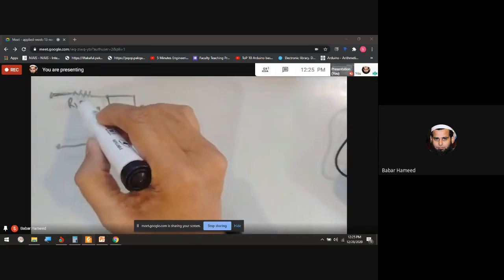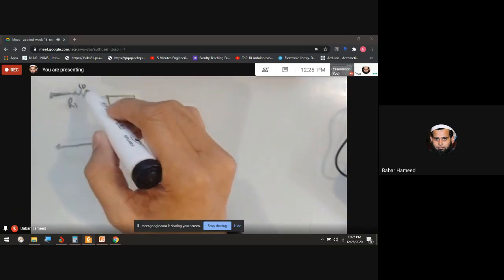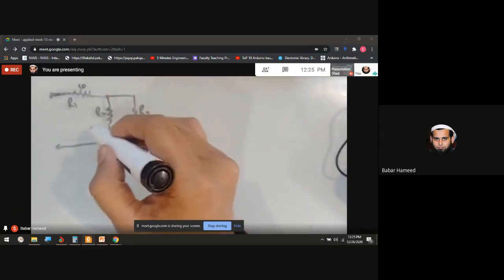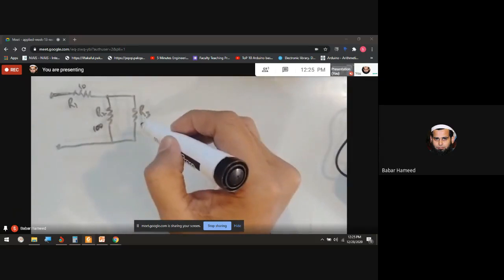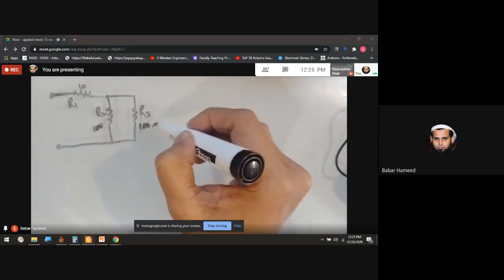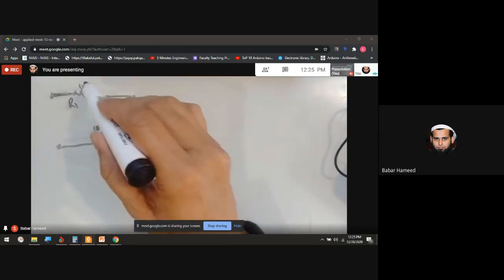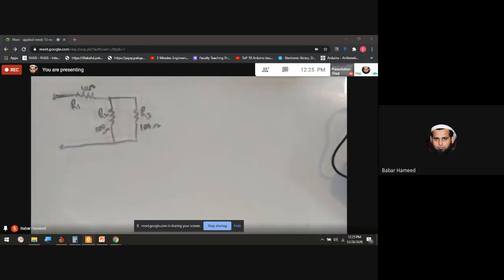This is the same circuit that I took in the identification phase. Now I am putting some values with them as well. In the identification phase, only the names were there. Now you can see we are playing with values as well. Now please tell me which part is in parallel and which is in series.